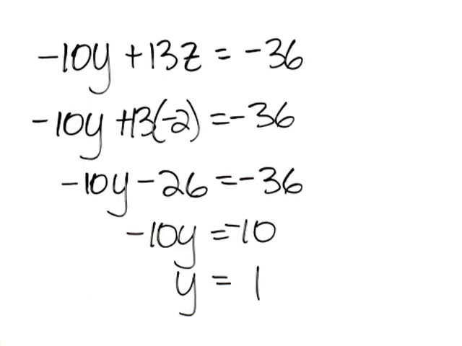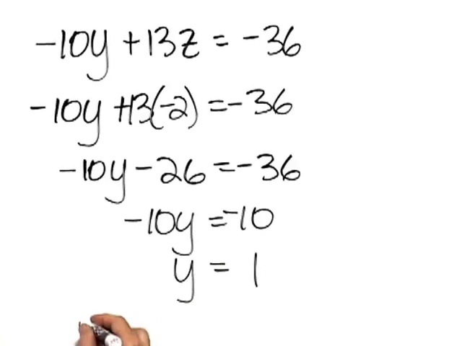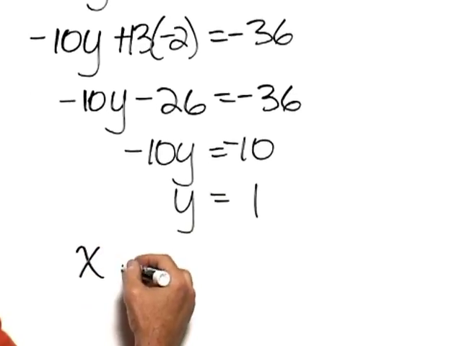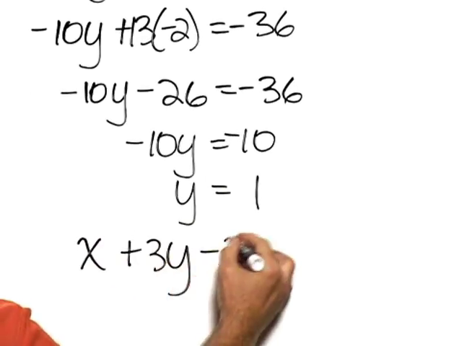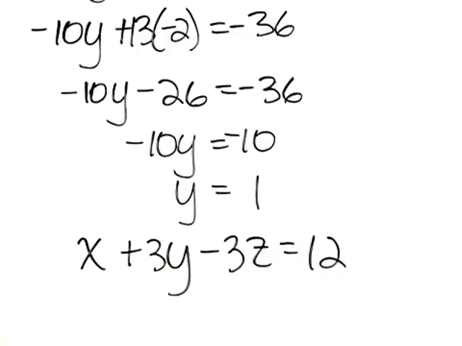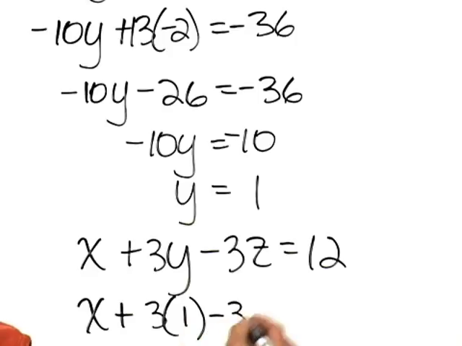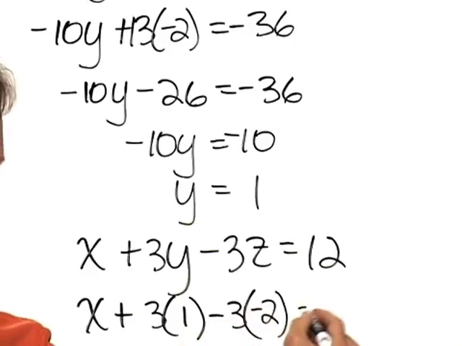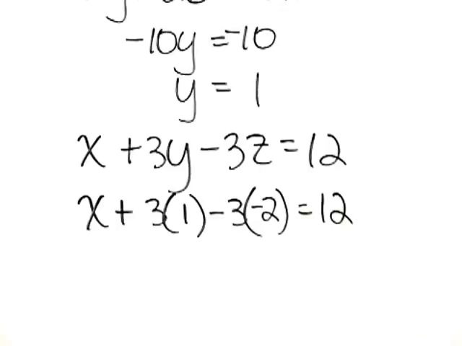From the first row of that matrix, we know that we have x plus 3y minus 3z equals 12. We now have the value of y is 1 and the value of z is negative 2. So we have x plus 3 times 1 minus 3 times negative 2 equals 12.